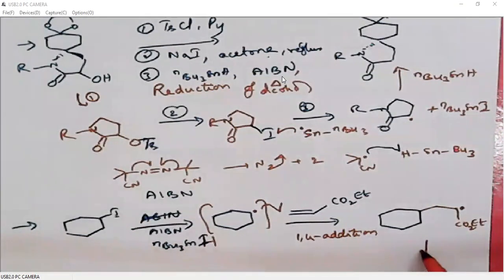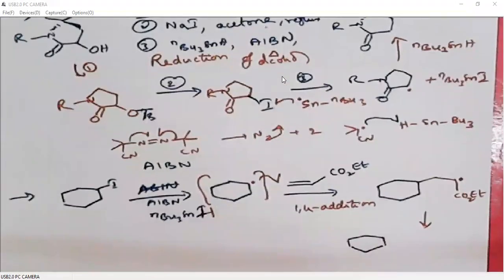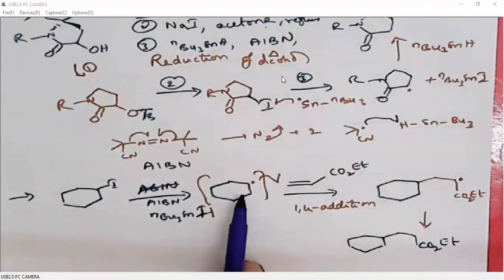This radical picks up a hydrogen from tributyl tin, then tin will again take iodine from another iodocyclohexane, and this reaction will continue. So the product is this compound. The radical generated can be used for Michael additions also.